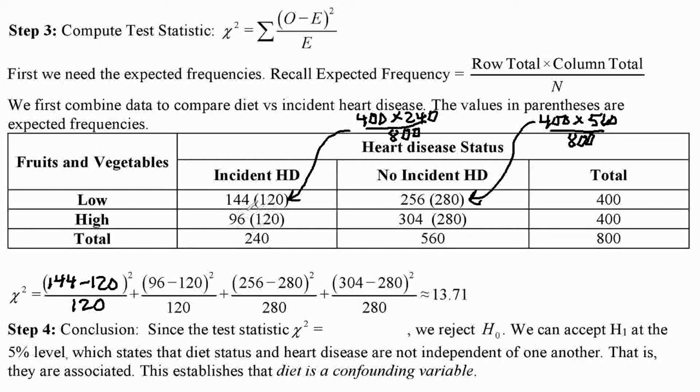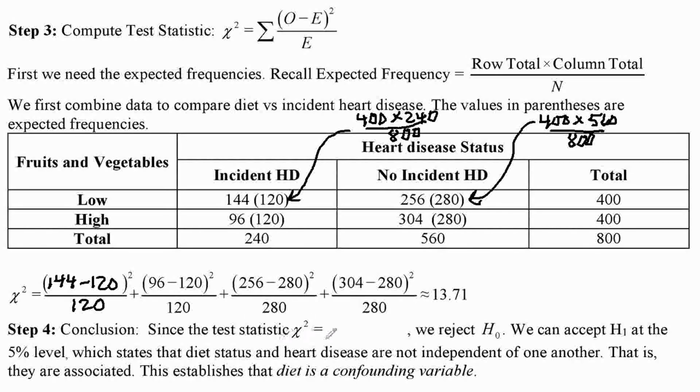For this cell, it's 96 minus 120, squared, divided by the expected. 256 minus 280 gets squared, divided by the expected. And then 304 minus 280 gets squared, divided by the expected of 280. When I put that in the calculator, I got 13.71 for my test statistic.